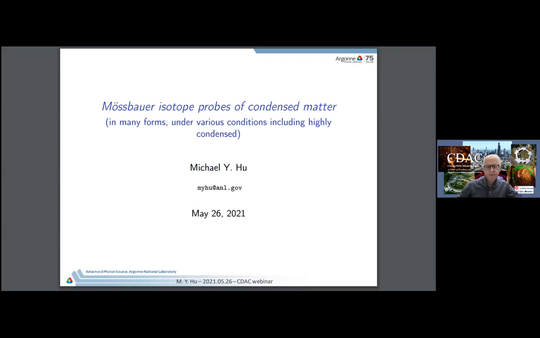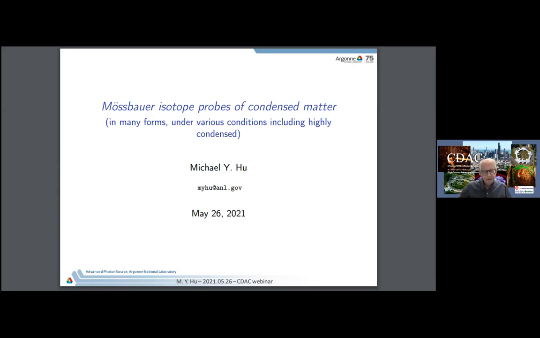I'm pleased to introduce today's speaker, Michael Hu of the X-ray Science Division and Advanced Photon Source at Argonne. Michael may be well known to many of you for his research and development of nuclear resonance scattering and other synchrotron techniques and their applications to problems in condensed matter physics, material science, biophysics, and of course, high pressure research.